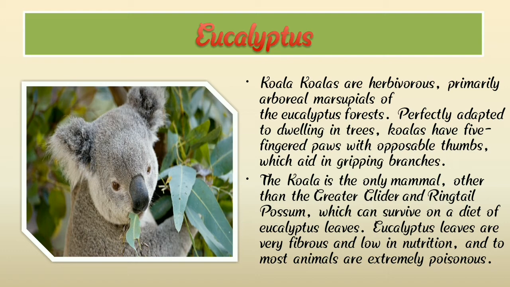Koalas live in eucalyptus trees, and koalas are the only mammal other than the greater ringtail possum which can survive on a diet of eucalyptus leaves. Eucalyptus leaves are very fibrous and low in nutrition, and for most animals they are extremely poisonous.